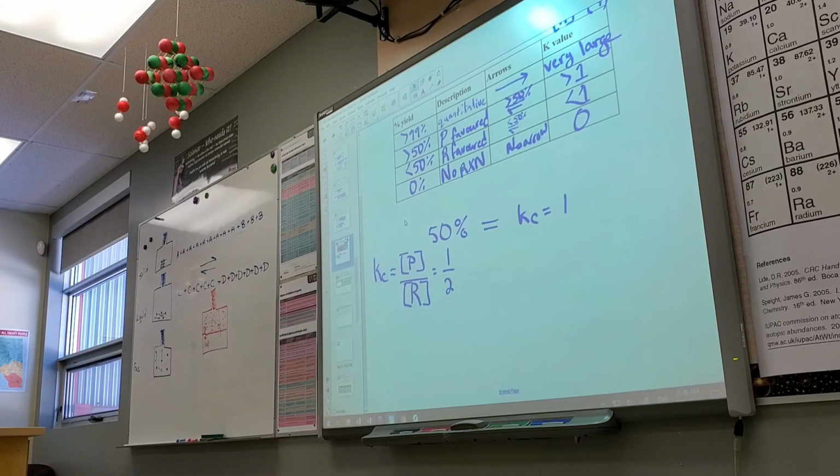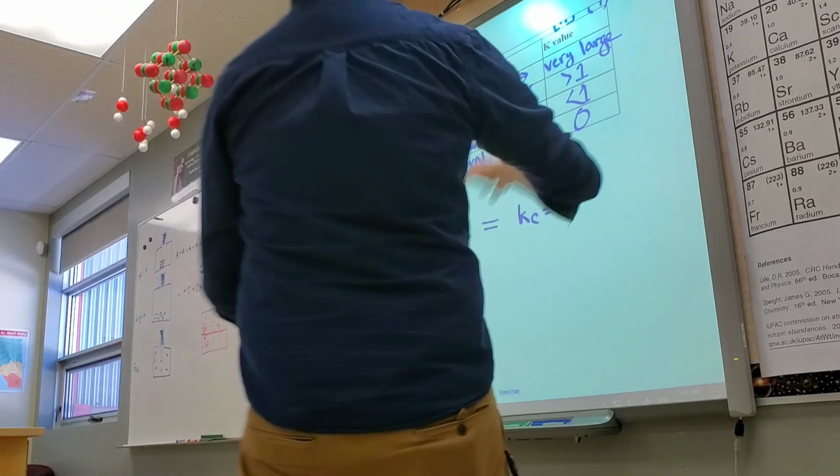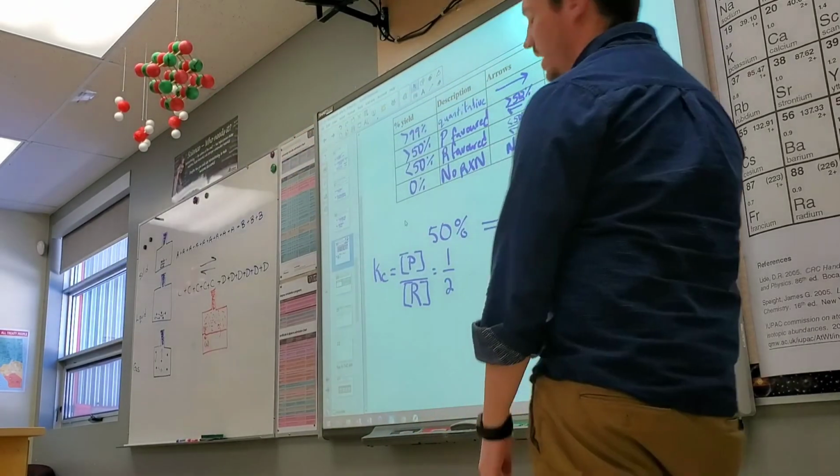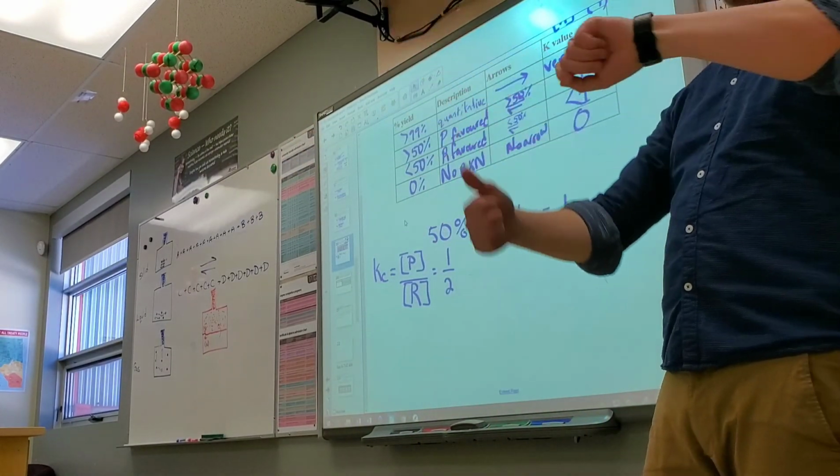Sometimes it's so large you cannot measure that value. It's impossible to measure a Kc. That's 1,000,000 divided by 0.0000000001, right? If you mess up by half on the bottom, your number doubles. It's impossible to measure that accurately. We just say it's very large. Man, this thing reacts so much that you might as well not even think about it. Is that okay? Are we good with that?